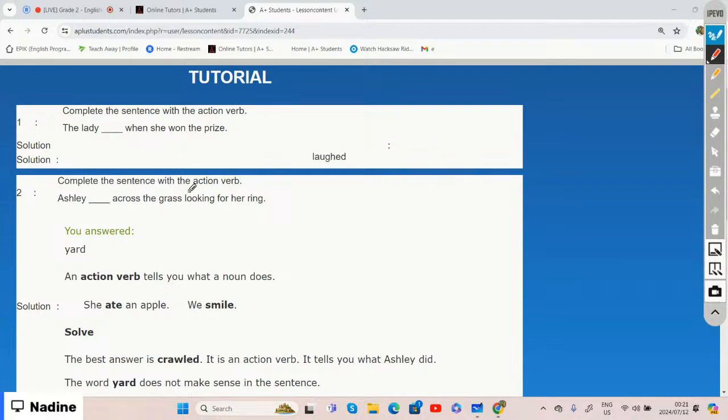Yes, well done. So Ashley, if she's looking for her ring right across the grass, we can either say Ashley crawled across the grass looking for the ring, or Ashley walked across the grass looking for her ring, right? So those are action verbs that already tell us what Ashley did while she was looking for her ring.